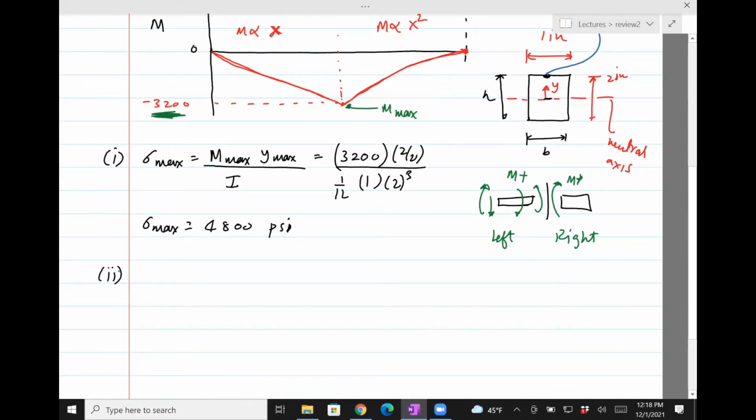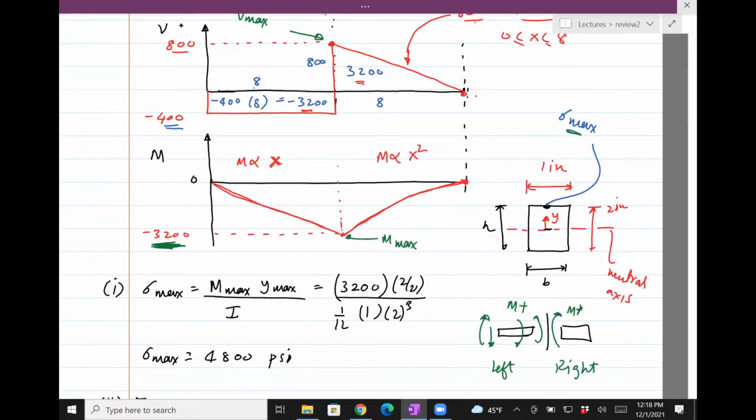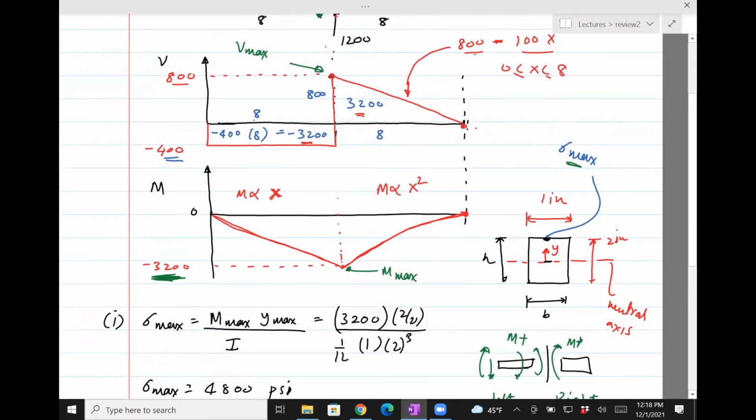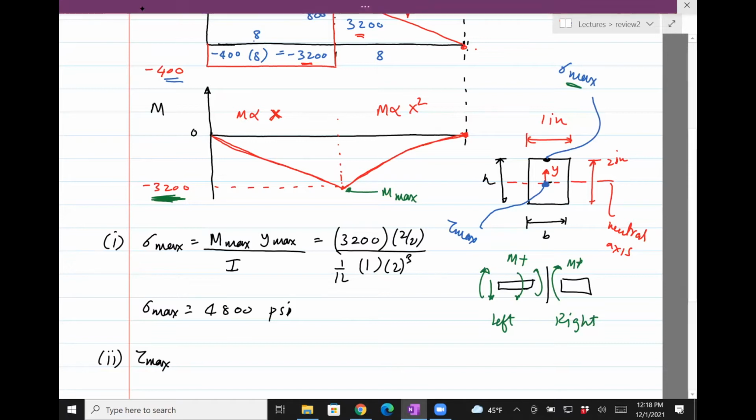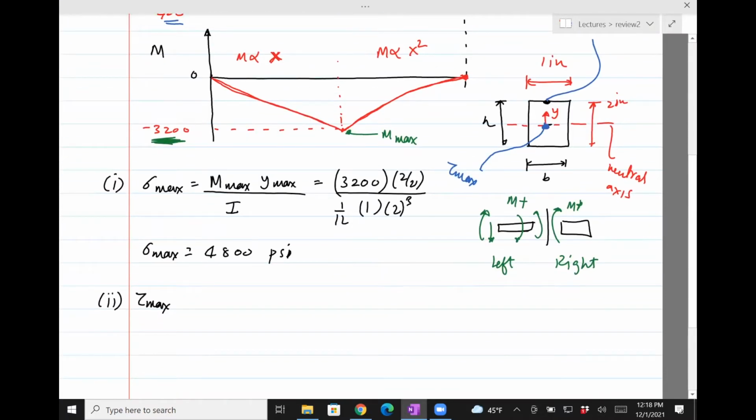Okay, next is find the maximum shear stress due to V. So V max is right there. Now the thing about shear stress is the maximum shear stress occurs in the middle. Okay, it doesn't occur on the edges. So the formula for maximum shear stress for a rectangular section is 3 divided by 2 times the shear force divided by the cross-sectional area.